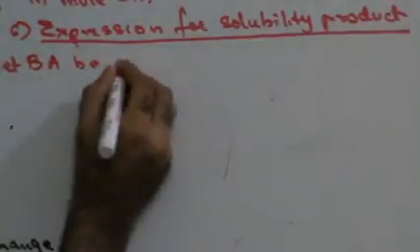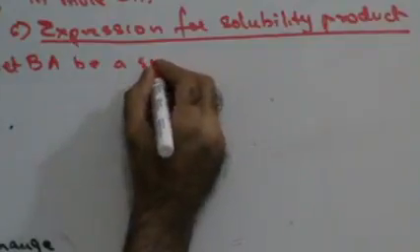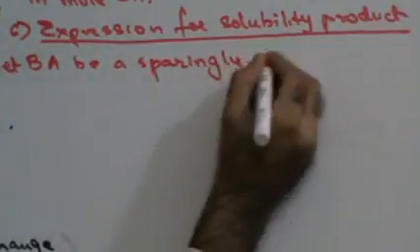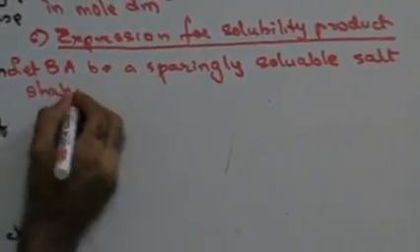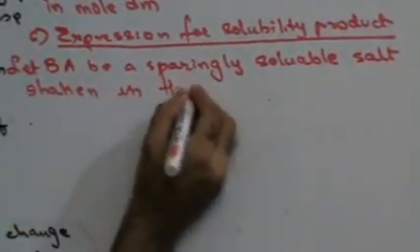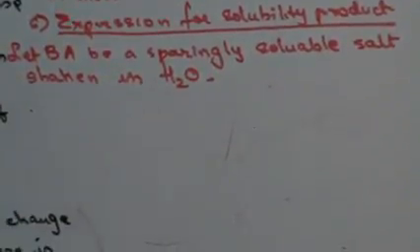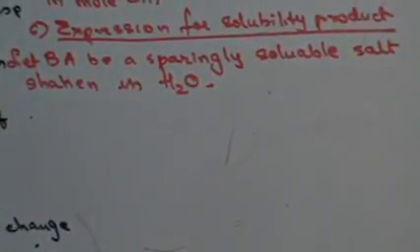Let us consider BA, a salt which is sparingly soluble in water, shaken in water. A very small amount of salt goes into solution to form a saturated solution because this is a sparingly soluble salt.